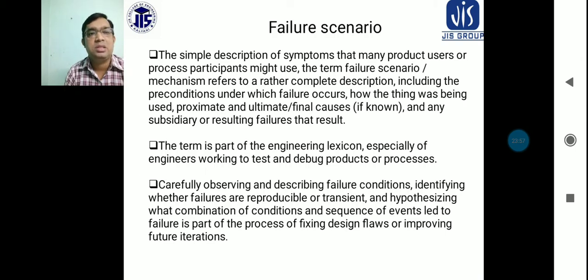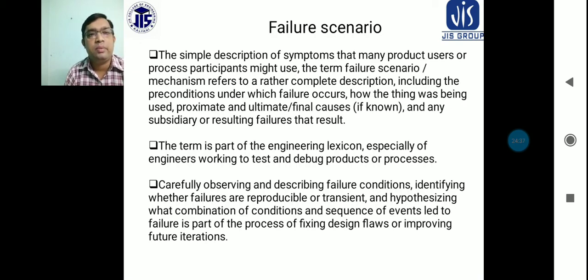The term mechanism refers to a rather complete description, including the preconditions under which failure occurs, how the thing was being used, the proximate and ultimate final causes, and any subsidiary or resulting failures. The term is part of the engineering lexicon, especially of engineers working to test and debug products or processes.